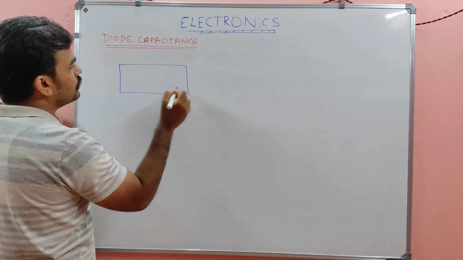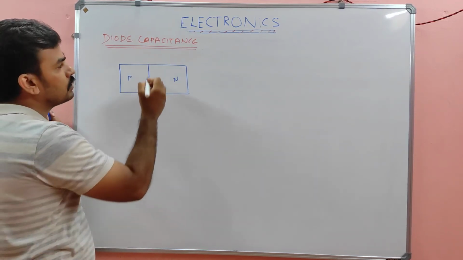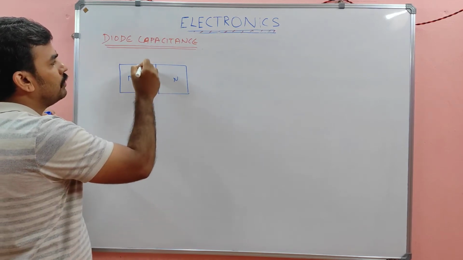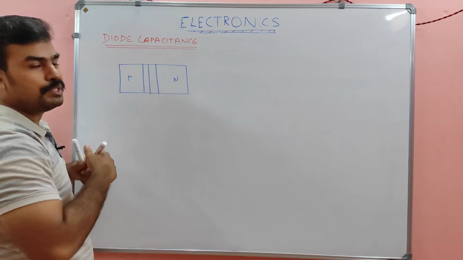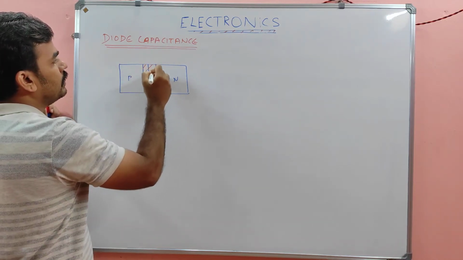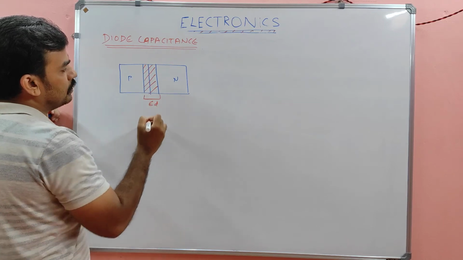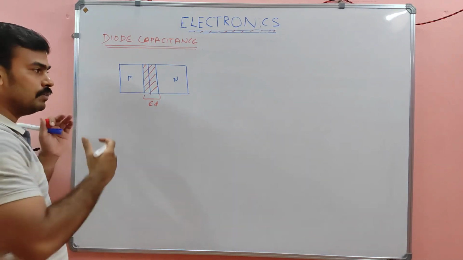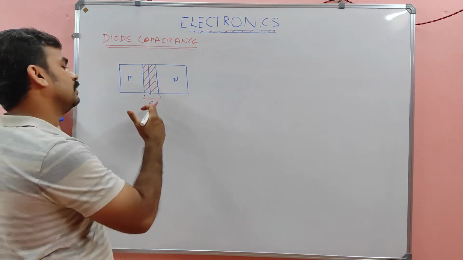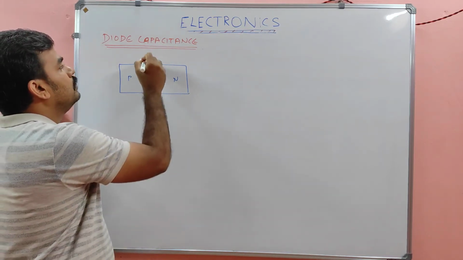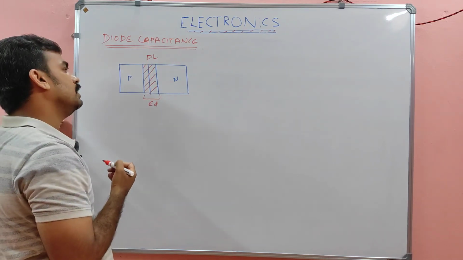This is the PN junction, this is P and this is N. In between there will be a capacitance because of the diffusion of charge carriers, already explained yesterday. This is the depletion potential, and this is the depletion layer.